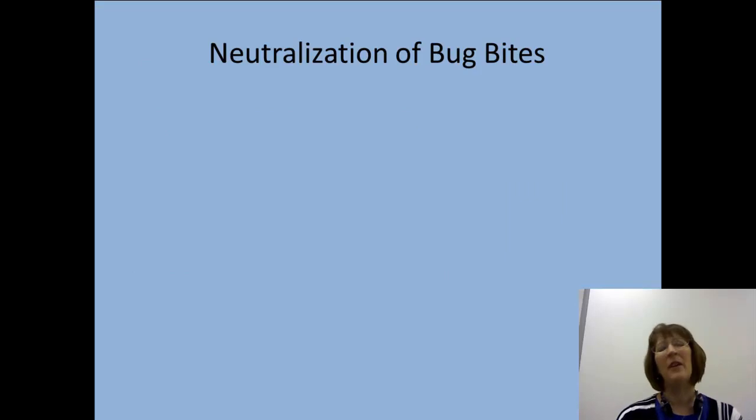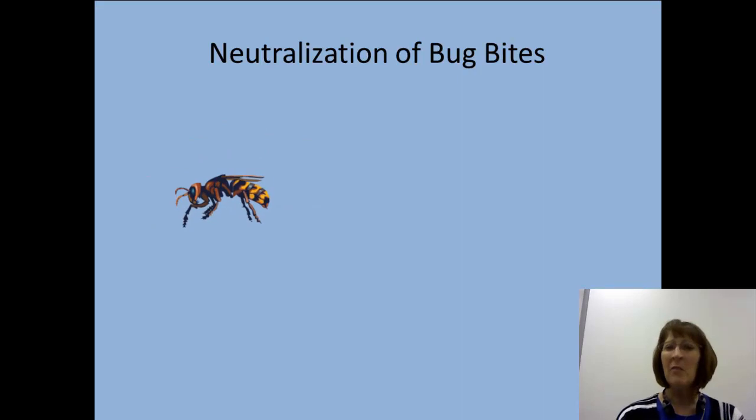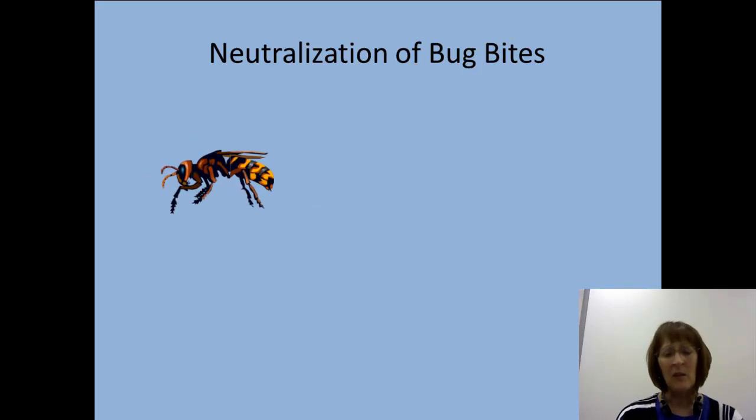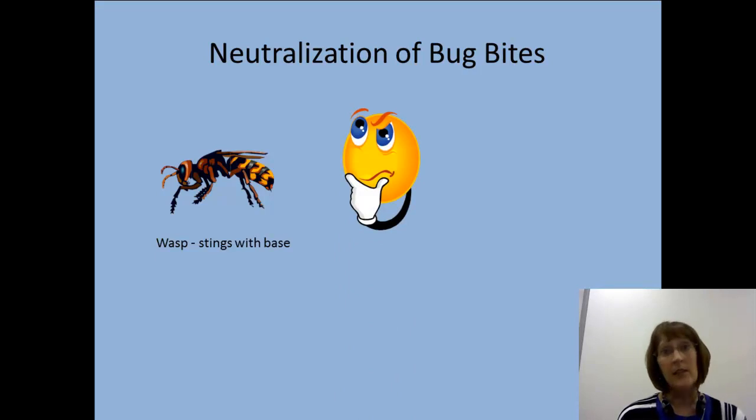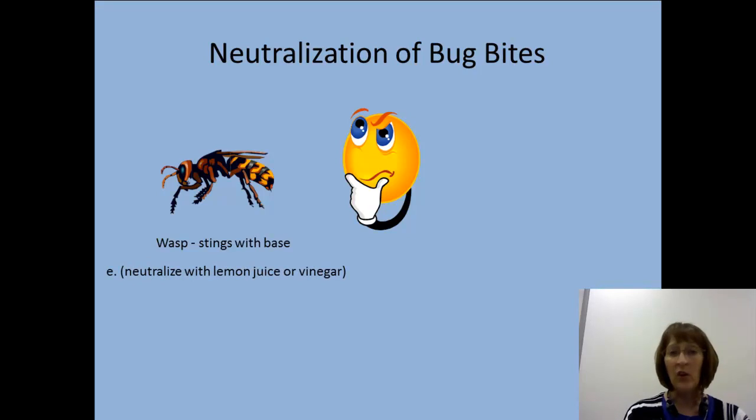Oh, what about bug bites, bee stings, ant bites, wasp stings, and stuff? Some of them are basic, and some of them are acidic. Wasp stings have a base in them. So in order to get them to quit stinging so much, you have to neutralize them with something opposite of that, and that's an acid. So sometimes they'll say put vinegar or lemon juice on the wasp stings. And you kind of have to know what you're talking about.